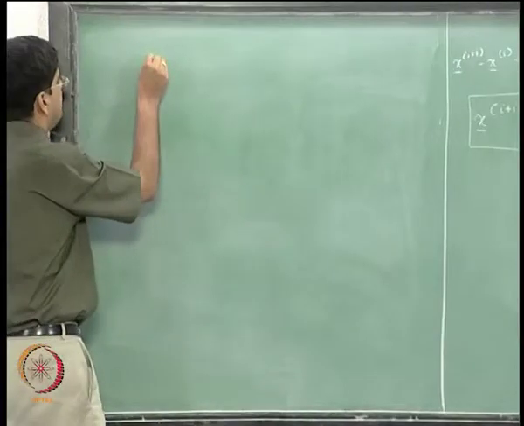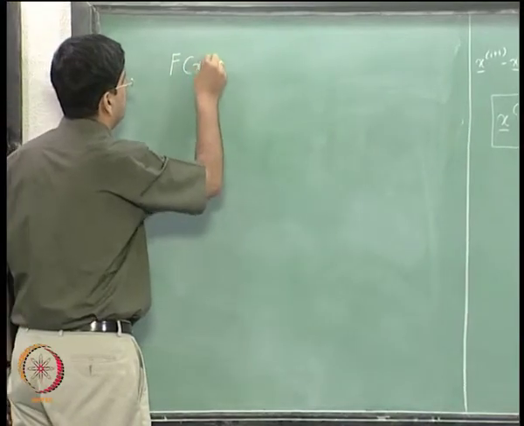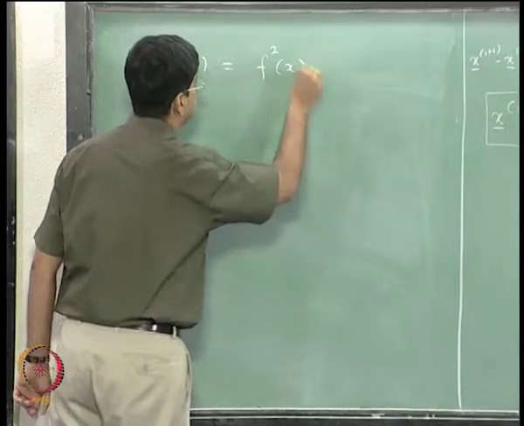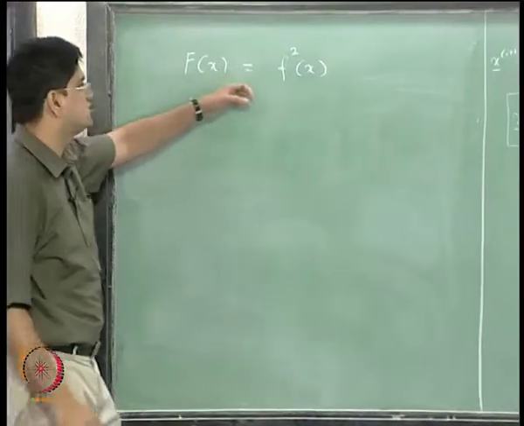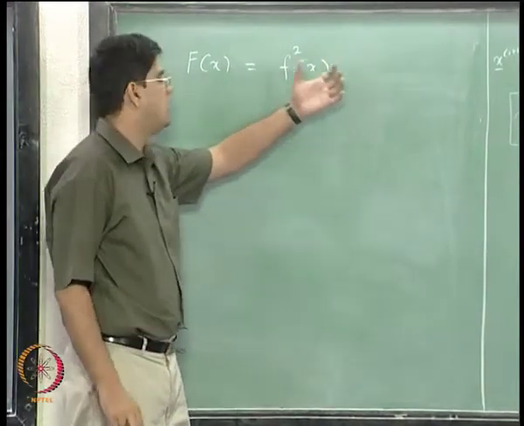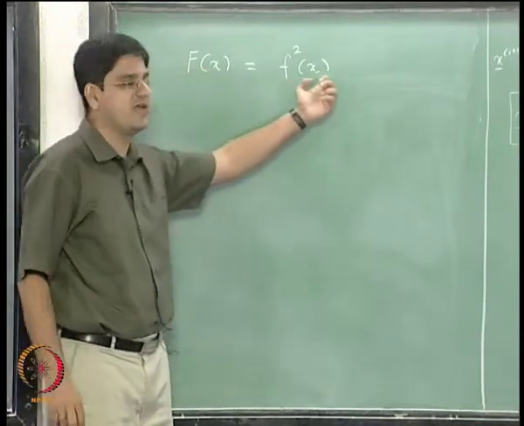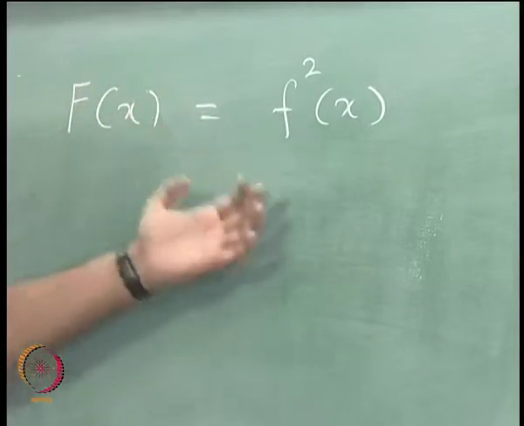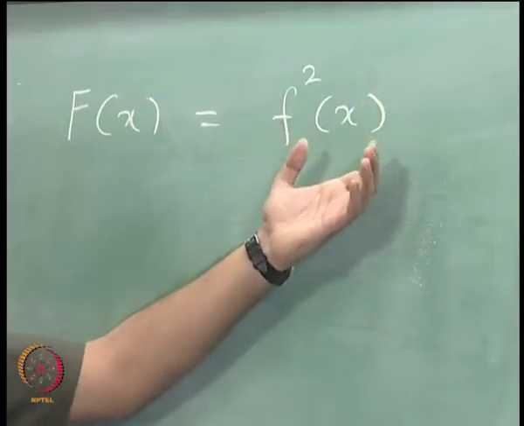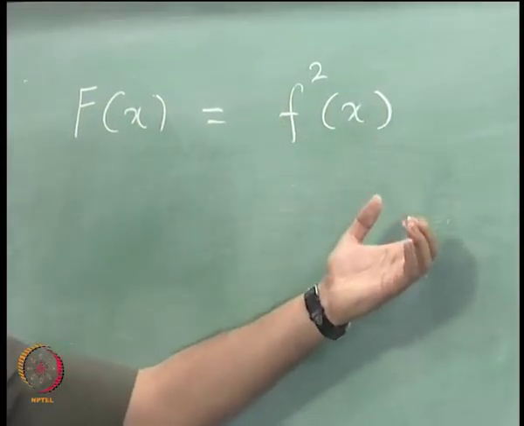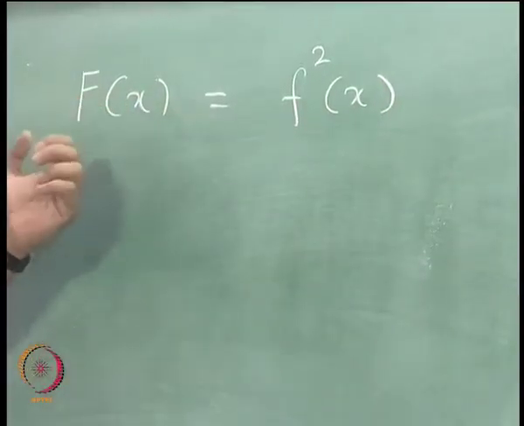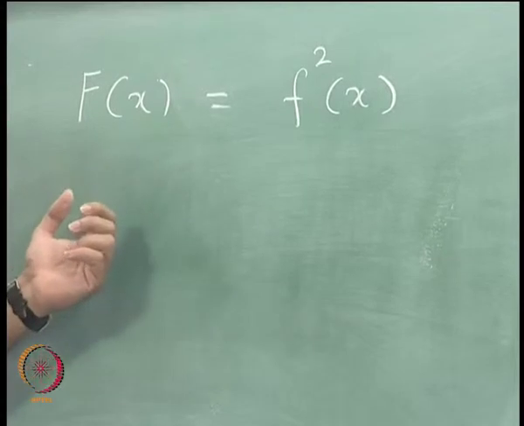Let us define our function capital F of x as equal to f squared of x. We have just squared this particular function. Now capital F of x, because it is just a square, is always going to be positive except when x is the solution to f of x equal to 0. When f of x is equal to 0, capital F of x is also going to be equal to 0.